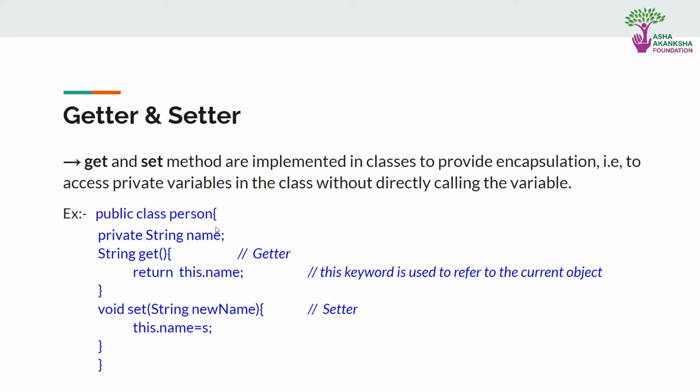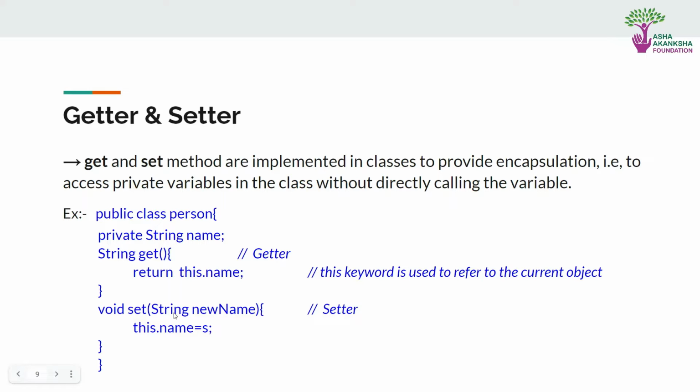Here's another example. The class is Person, and we have an attribute private String name. You see it is private. Here we have a String get method that returns this.name, so this is a getter. When we call this function, it returns the name.